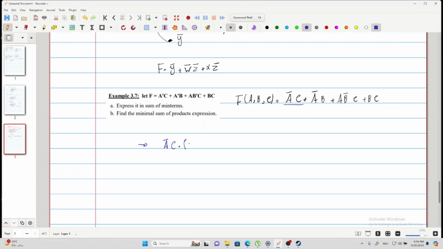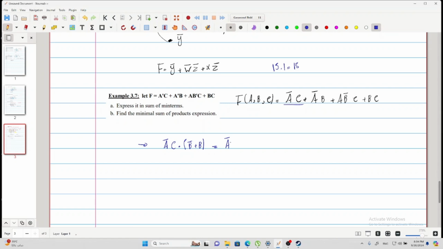It's B. So we multiply by B prime or B, which is just 1. This is like an identity, like multiplying a number by 1, which is exactly the same thing. You have this and 1, which is just the same as A prime C, so it does not change the value of the function.